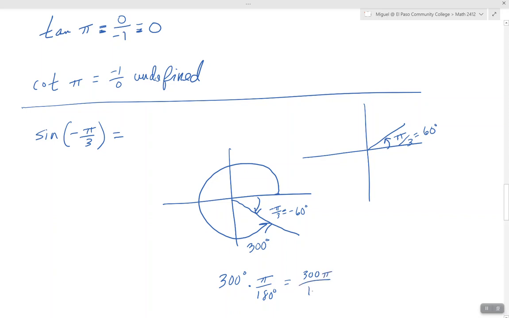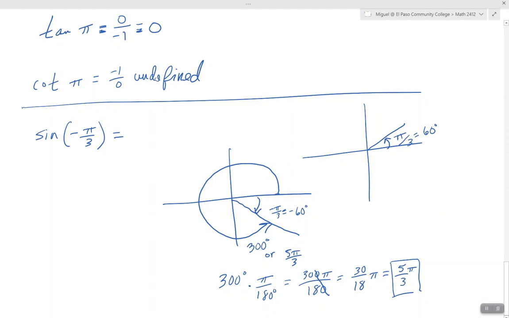We could just convert. 30 and 18 are both divisible by 6. So we know 300 is also 5 pi over 3 radians.